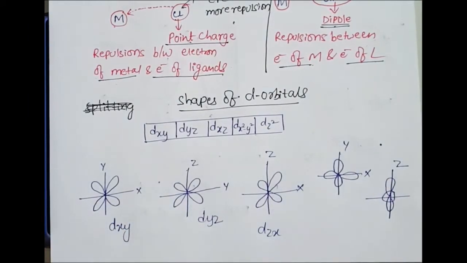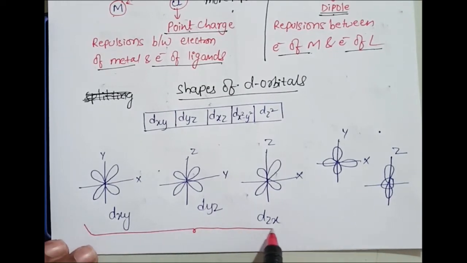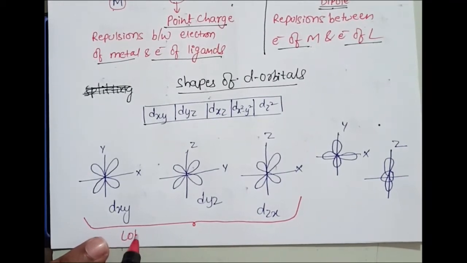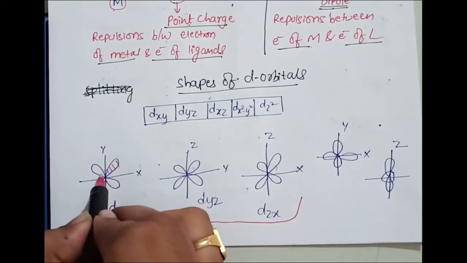So here we can see one thing: these three, dxy, dyz and dzx, have lobes. Lobes means these dumbbells, these are called lobes.